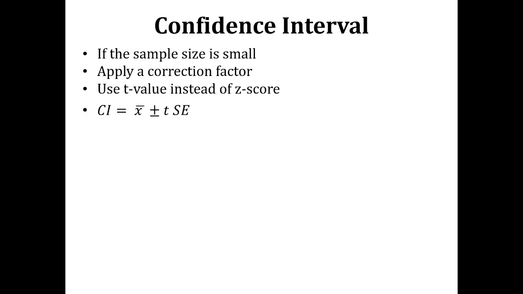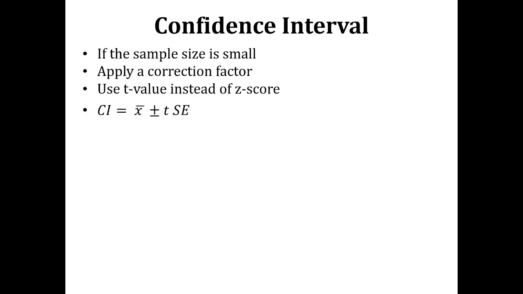But if we have a smaller sample, then as we discussed, the smaller samples give us a less reliable estimate of the population mean, because they don't have a normal distribution, right? So if we have a small sample size, we cannot have a large number of observations for our sample. Then how are we going to calculate the confidence interval for the population mean? In that case, instead of the z-score, we are going to apply a correction factor, which is taken from the t-distribution table, right?